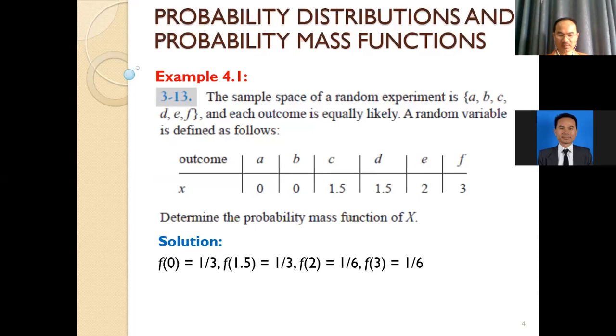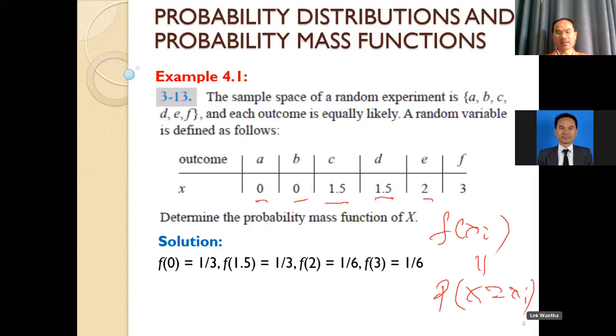The values that you randomly sample from your population are maybe A equal to 0, B equal to 0, C equal to 1.5, D equal to 1.5, E equal to 2, F equal to 3. Then we calculate f(xi), which is equal to the probability that X equals xi.